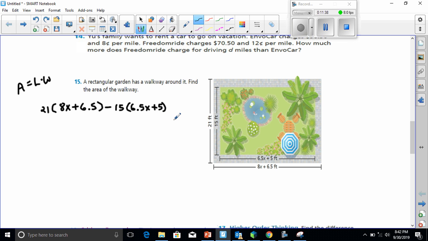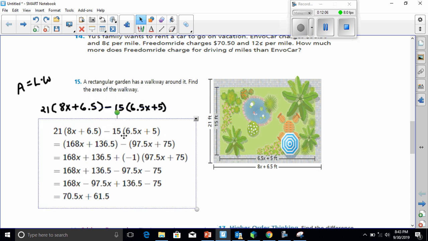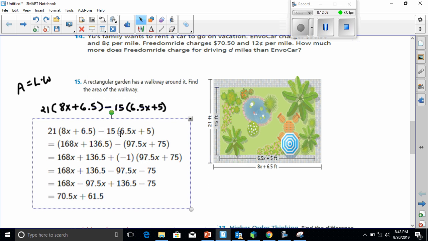Okay, and now, first of all, we've got to go ahead and distribute our properties. We'd have to realize that we're going to multiply 21 to everything here and negative 15 to everything here. I decided to make it a little easier on myself.